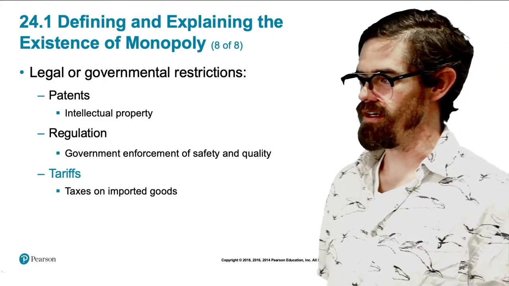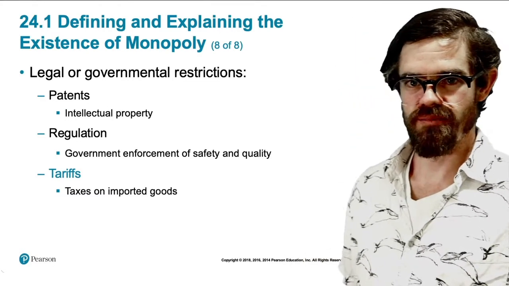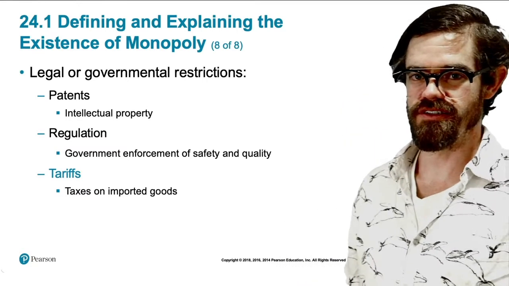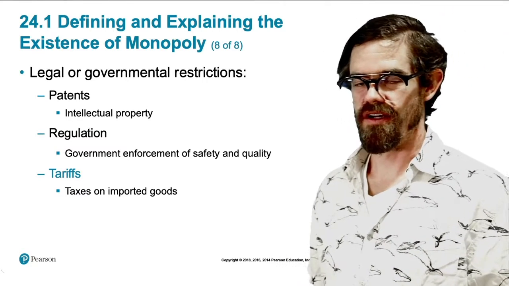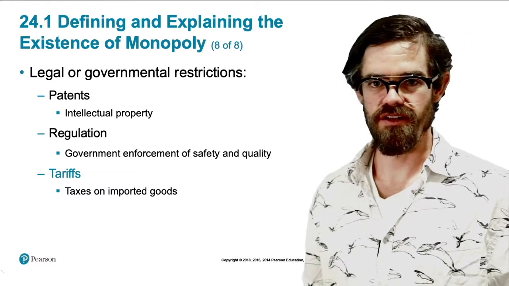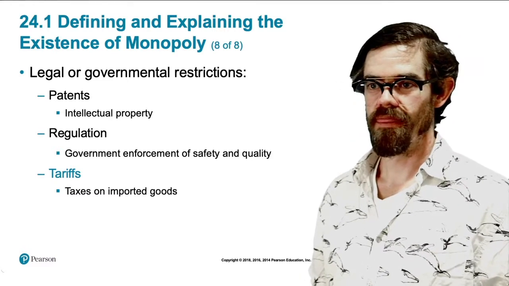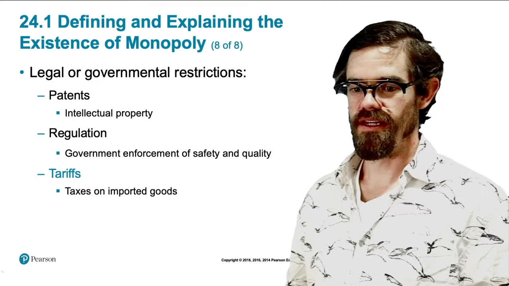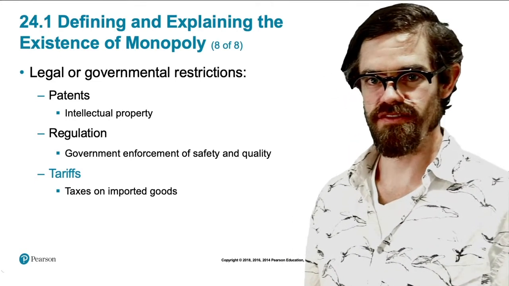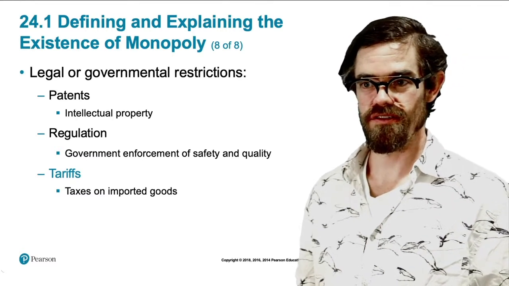Here are some other legal and government restrictions. Patents. You may have heard of patents before, but this is basically a monopoly on some sort of intellectual property. This is very common with pharmaceutical drugs and new technologies. The idea here is that we want to give innovators and inventors an incentive to develop these technologies and new things.